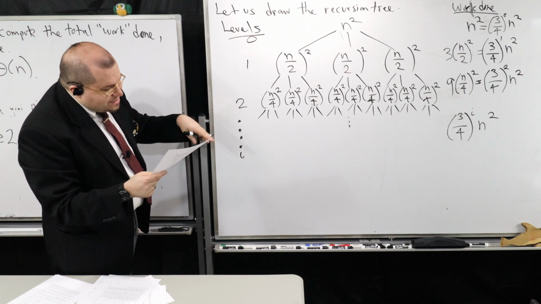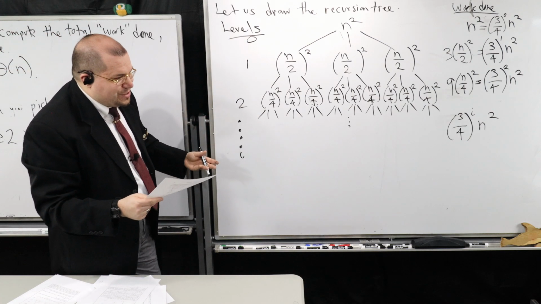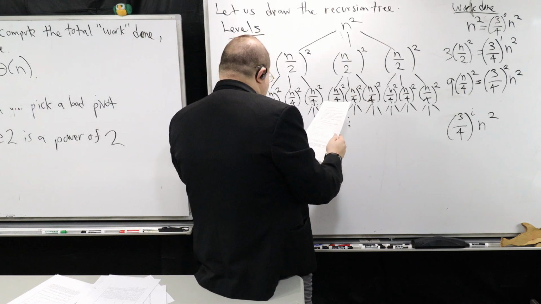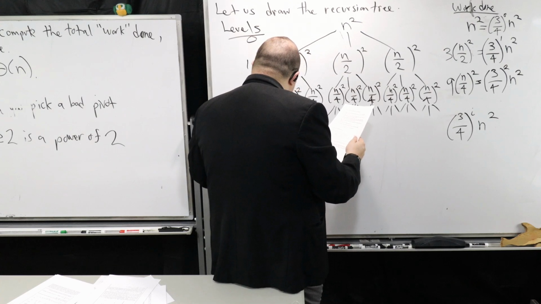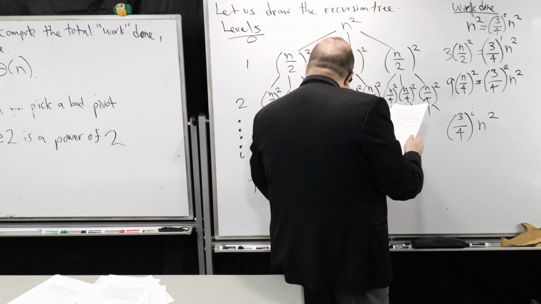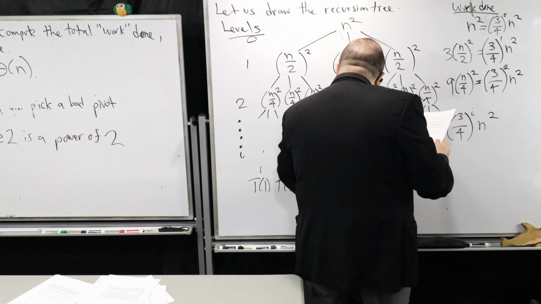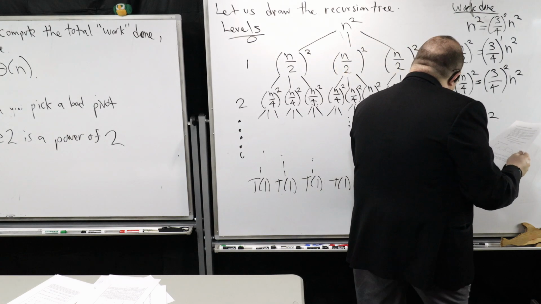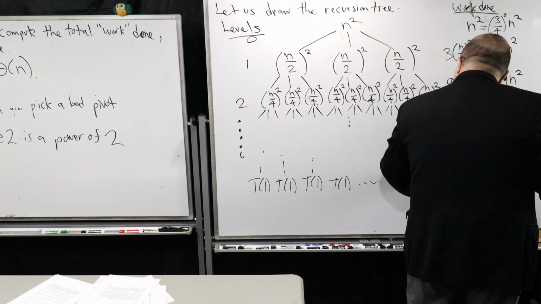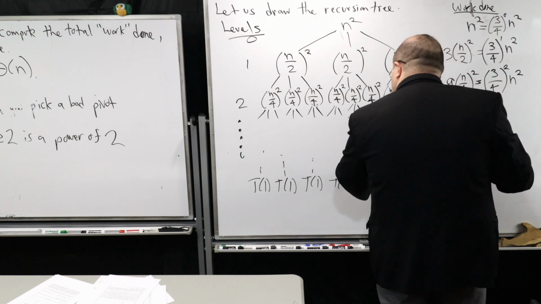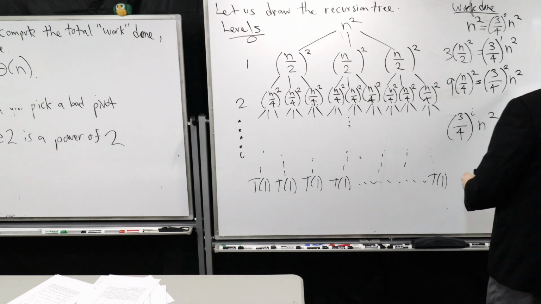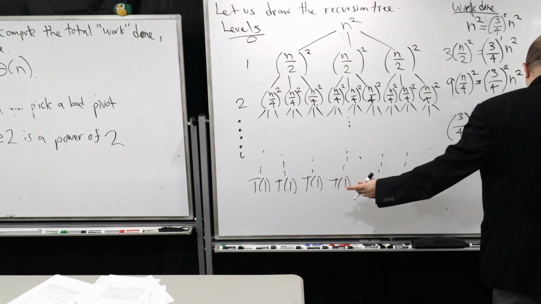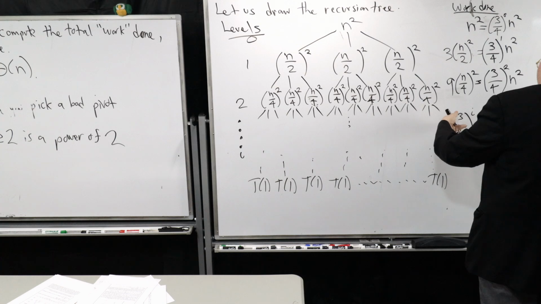So eventually, if n is big enough, this is going to get down to a whole bunch of T of 1s all the way down here as leaves. And I'll tell you how much non-recursive work is happening. So all these would just be a whole bunch of 1s. One thing I'll tell you up front is if I wanted to know how many leaves there are, I could apply this pattern.